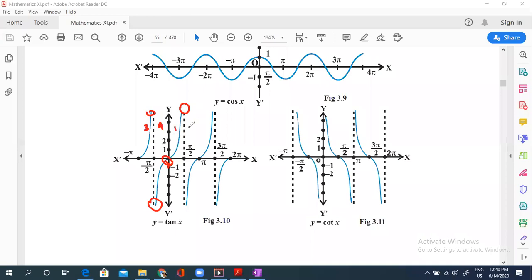This is your first quadrant, second quadrant, third quadrant, fourth quadrant, right? So in the third quadrant, see, in the first and third quadrants it is positive and in the second and fourth quadrants it is negative. Got it? Any issue on that?